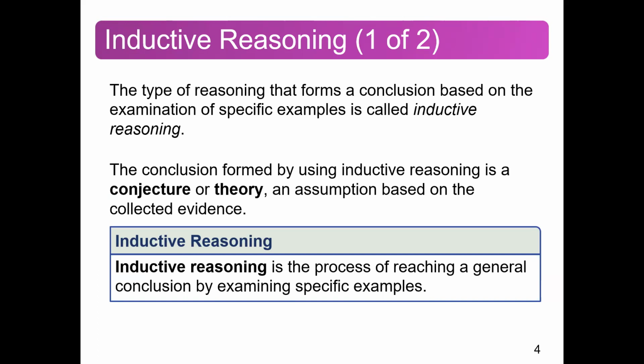You can't do all experiments, but you do a few, and from the results of the few experiments that you do, you can somehow create a conclusion which may apply generally to all other examples and all other experiments. So, in short, inductive reasoning is general conclusion derived from specific examples.